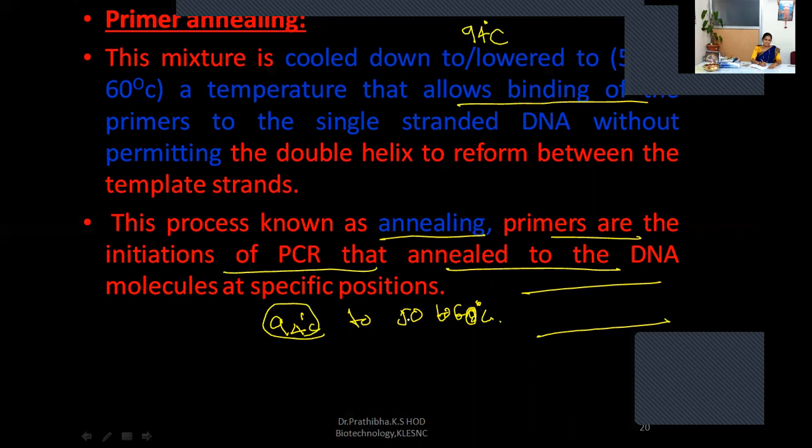When we reduce the temperature to 50 to 60 degrees Celsius, at that time primers go and bind to the free ends of the DNA fragment. This is nothing but the annealing, and this particular region is the initiation region for the DNA polymerase. To obtain the specific products, we need this kind of double stranded initiation along with the primer molecule.